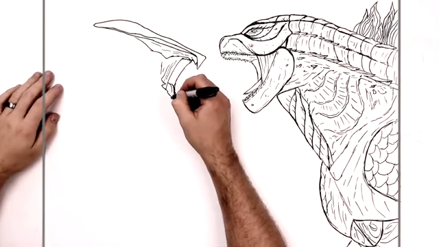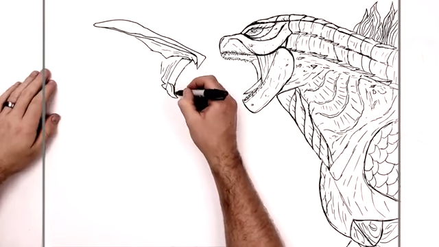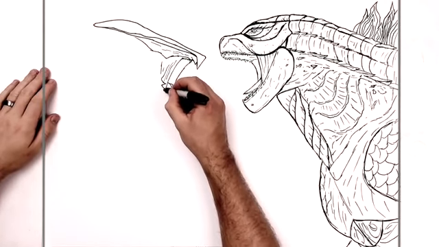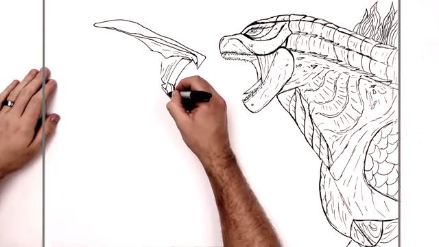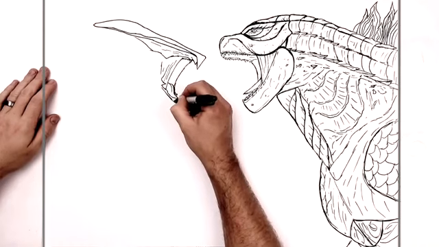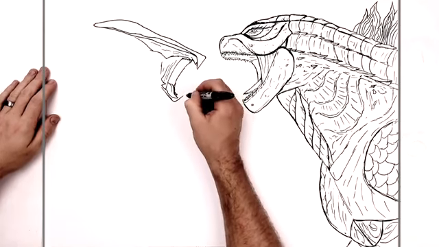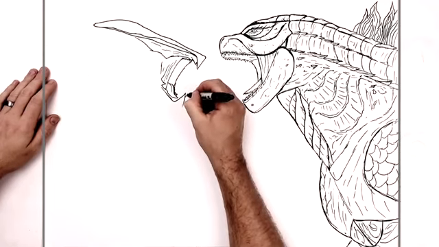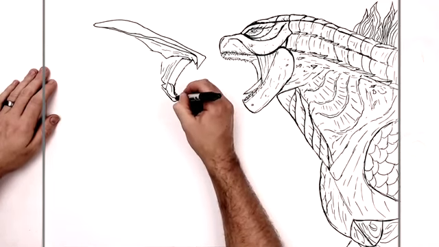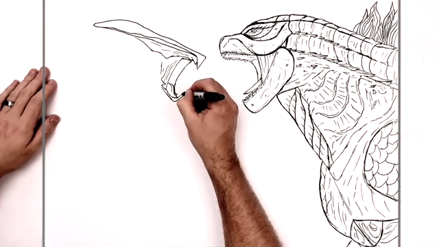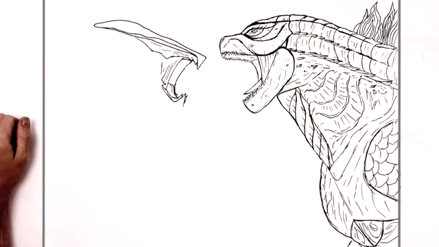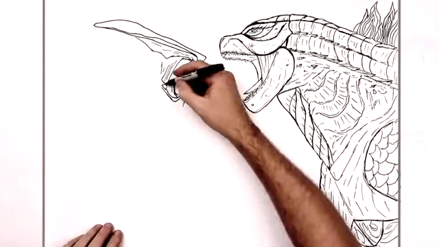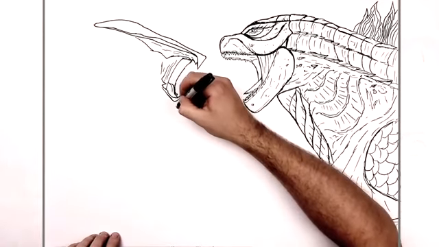Right, so then down at the bottom of the tongue we have another line for the mouth that goes up to another triangular spiking bottom jaw. There's a couple of spikes on it, I think. Like so.